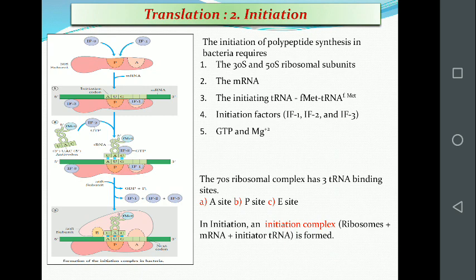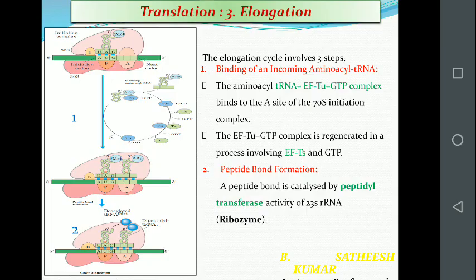So now the GTP is hydrolyzed from the initiating tRNA, and all three initiation factors, IF1, 2, 3, come out. So now we have the ribosomal complex, mRNA, and initiator tRNA, and now the A site is free because IF1 came out.